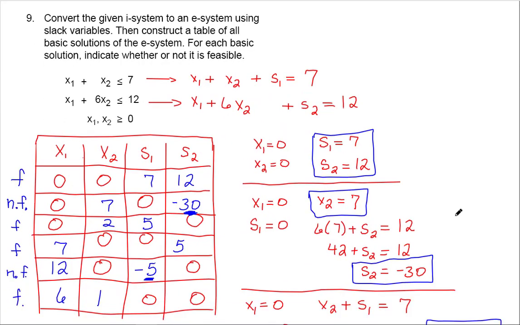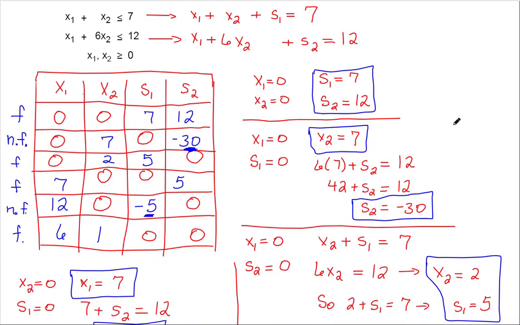All right, what about this one? Question 9. We have two inequalities. I'm going to need two slack variables. We've listed them all. And so now I have to come in here and figure out pairs of being 0. So first two are 0.